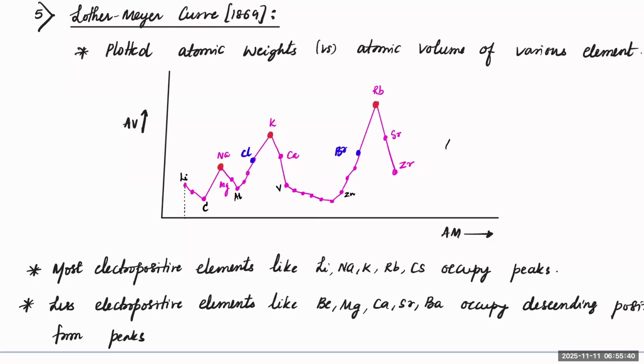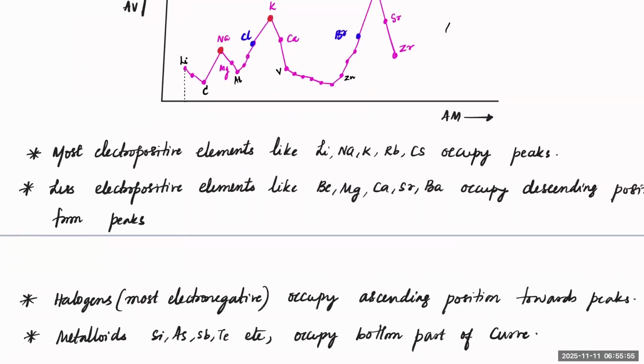And then just below the peak, you will have group 2 elements. You can see strontium, calcium, magnesium. Here you will have beryllium. And d block elements usually have a similar atomic volume, most of them. So you can notice that in this space they will have very similar atomic volume.